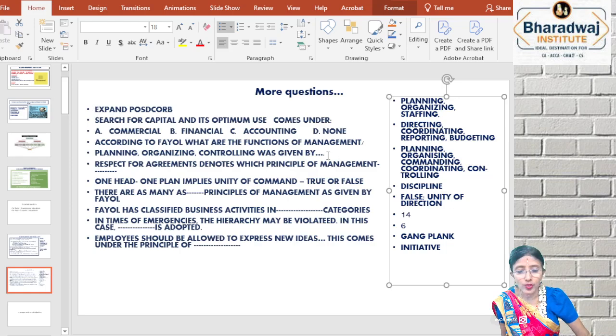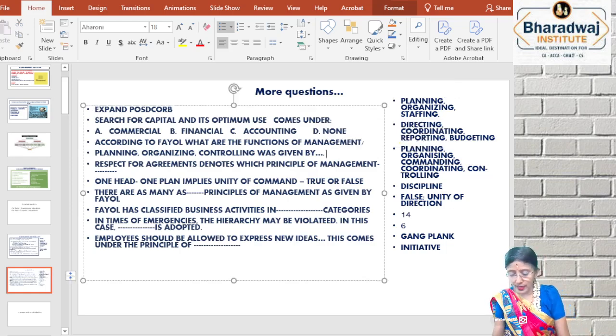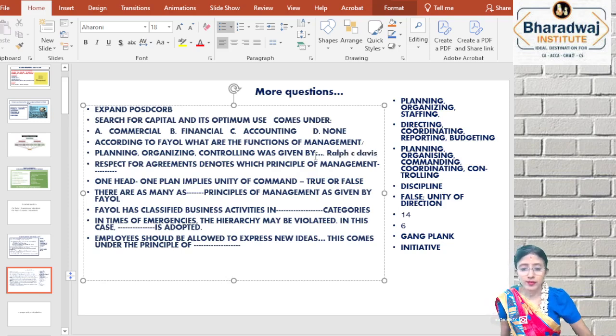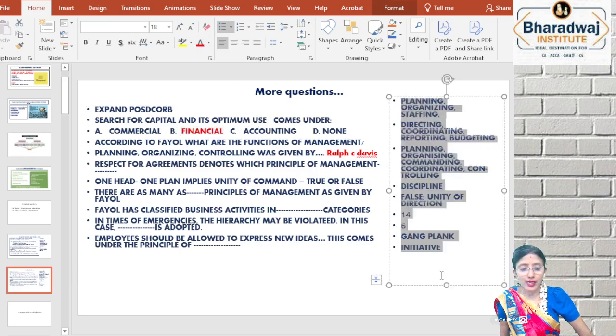These three alone were given by Ralph C. Davis. Okay, that is the answer, and here it is financial. I will make it Calibri. I think Calibri is a little more clear to you.